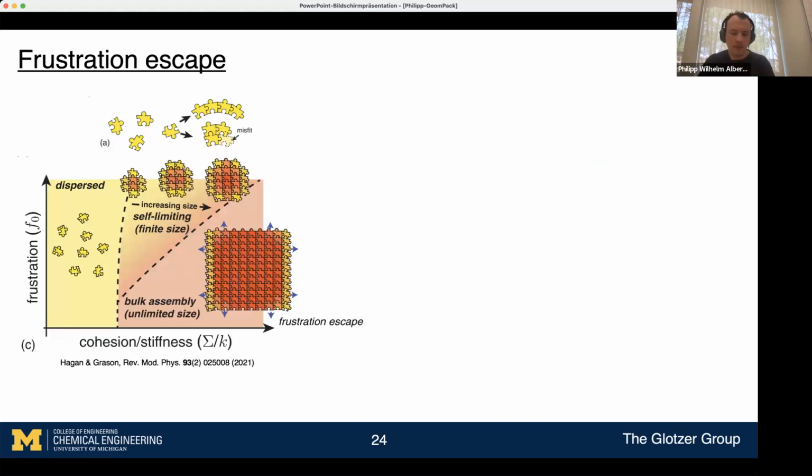This is a little bit reminiscent of geometrically frustrated self-assembly, a self-limiting self-assembly, which for example Greg Grason is studying, where you have particles which want to have a certain shape, but there's some sort of mismatch with the structure they want to form.